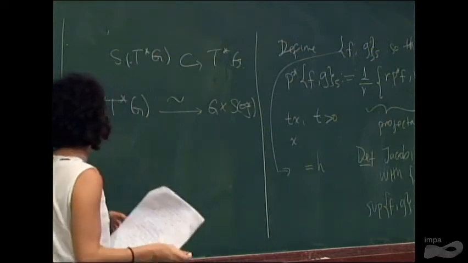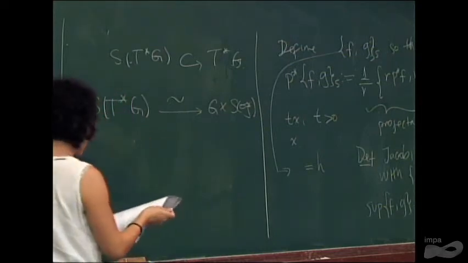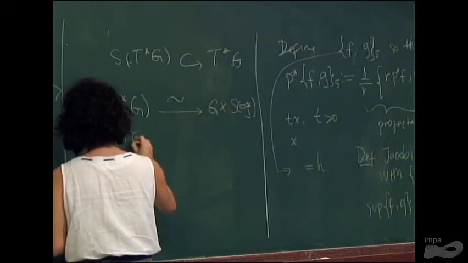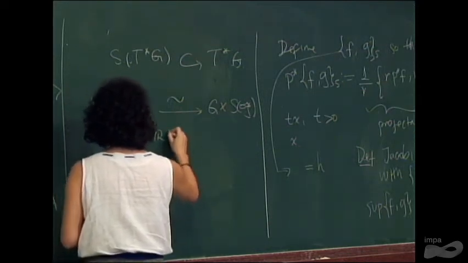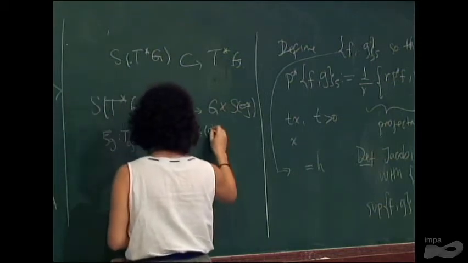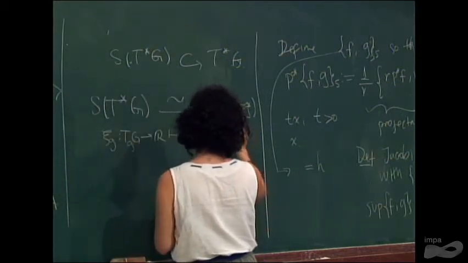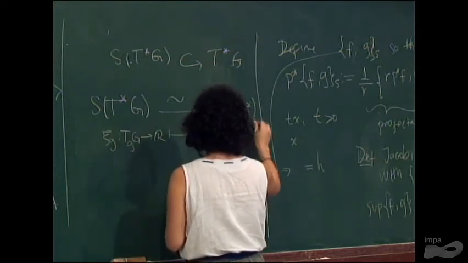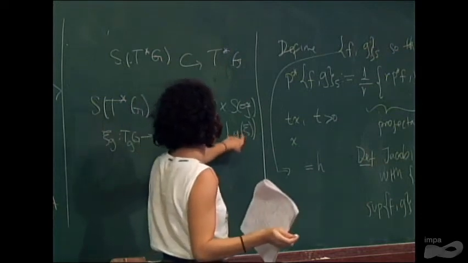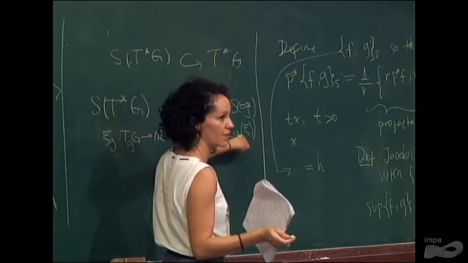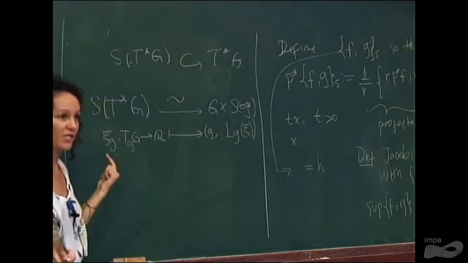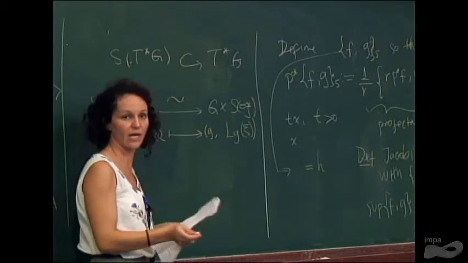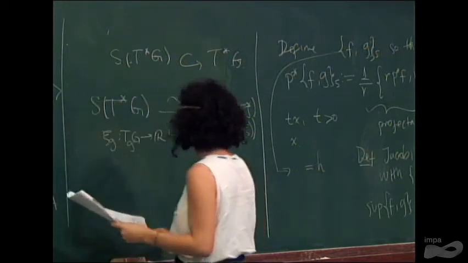And I use the left trivialization. So if I have a covector here, this goes to G times, and then I left translate this covector to a covector on the unit, okay? Because my metric is left invariant, this sends the sphere on the sphere. I don't have any problem.